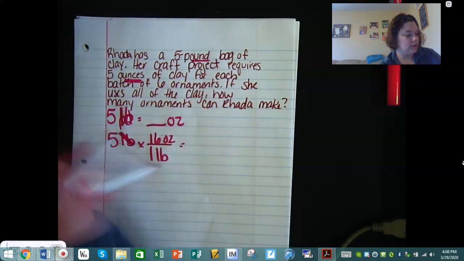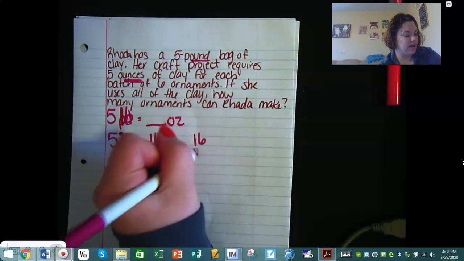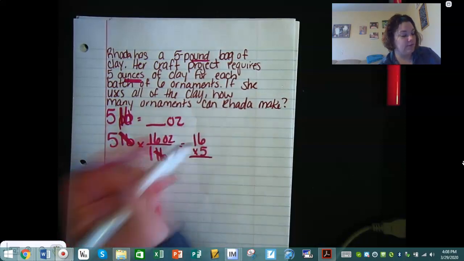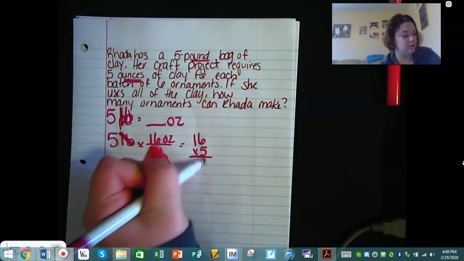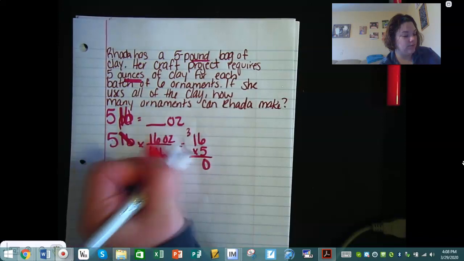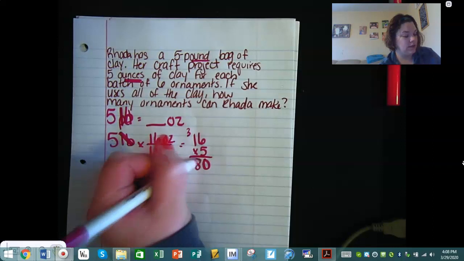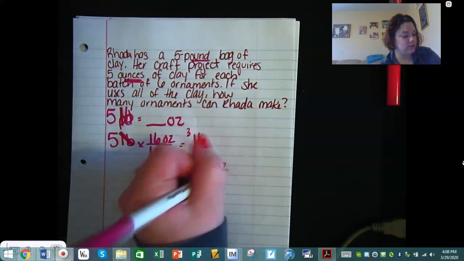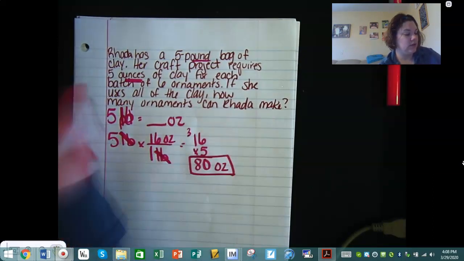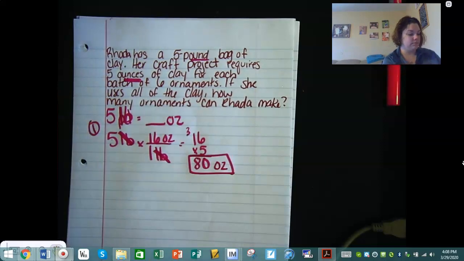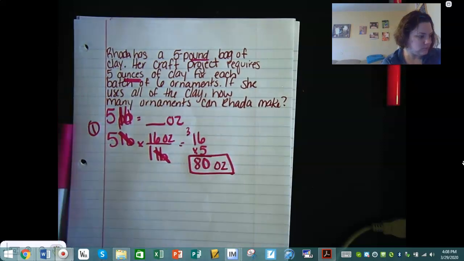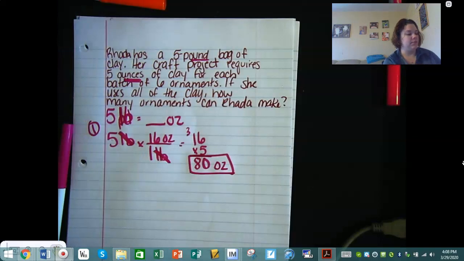Okay, cross out pounds, and then it'll be 16 times 5. 5 times 6 is 30. Carry the 3. 5 times 1 is 5, plus 3, 8. So that'll be 80 ounces. Okay, so that's step number 1. Okay, let's go to step number 2.